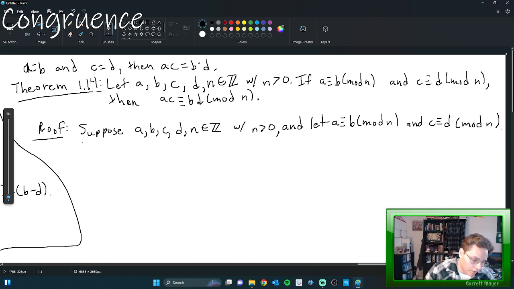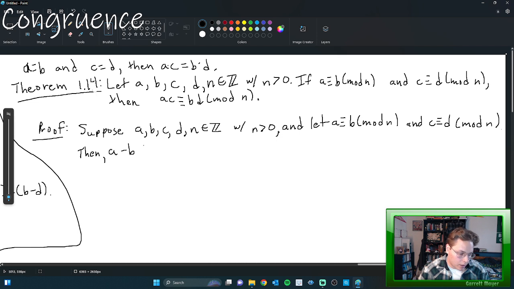So we have this all lined up, and then with this, we're going to start by just drawing out the basic consequence of congruence by the definition like we have done in the past couple.